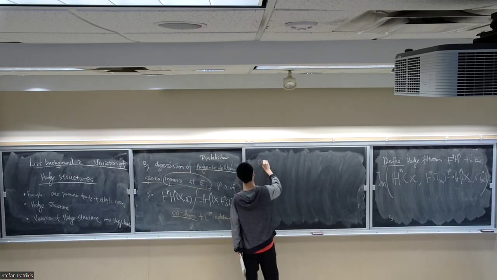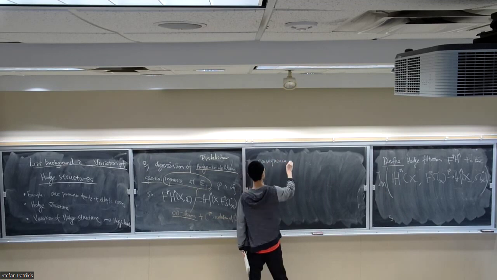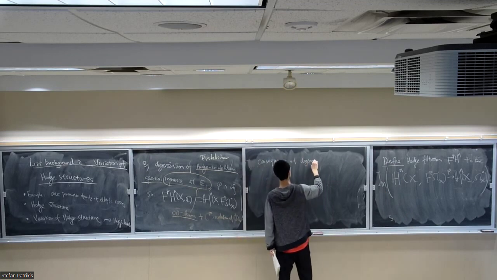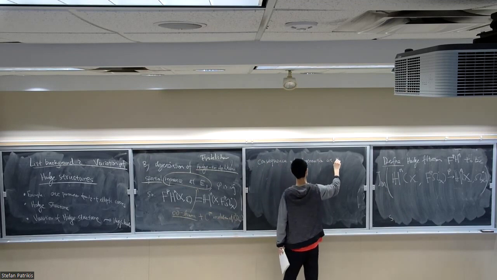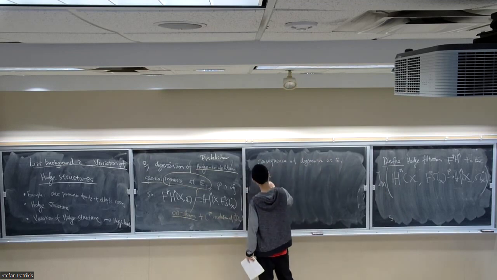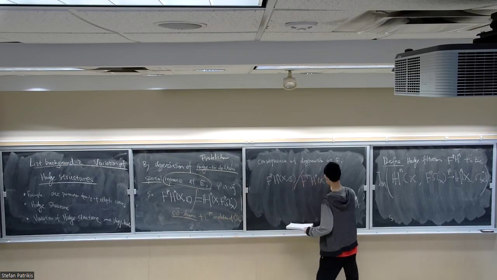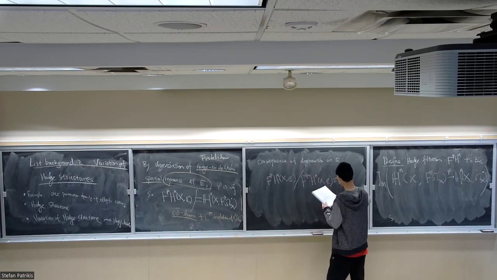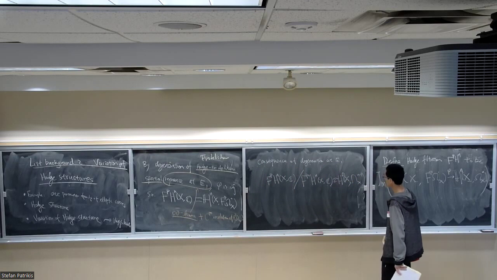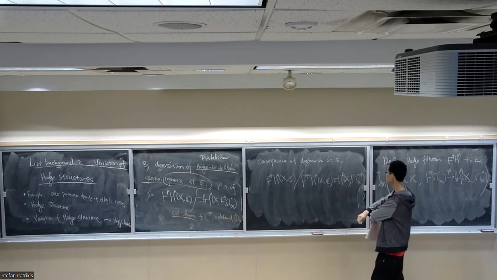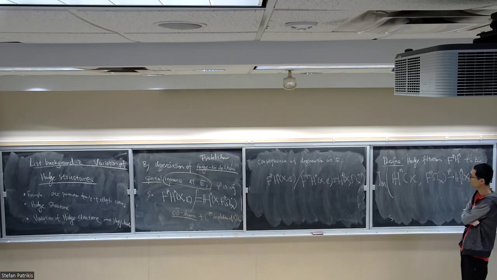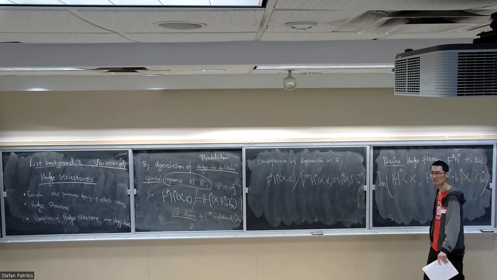Another consequence of this degeneration at E1 is that you can give a canonical identification of the graded piece as this, as the sheaf homology of omega to the n minus p.